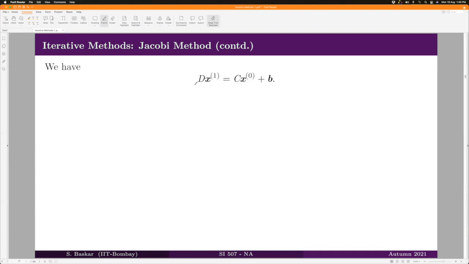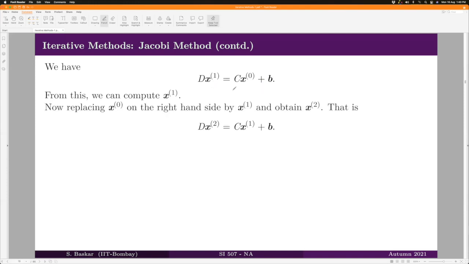So you got this x1 by solving this system. And now once you have x1, you can again plug it into the right hand side. Instead of x0, you can plug in x1 now and then solve this system with this as the right hand side.